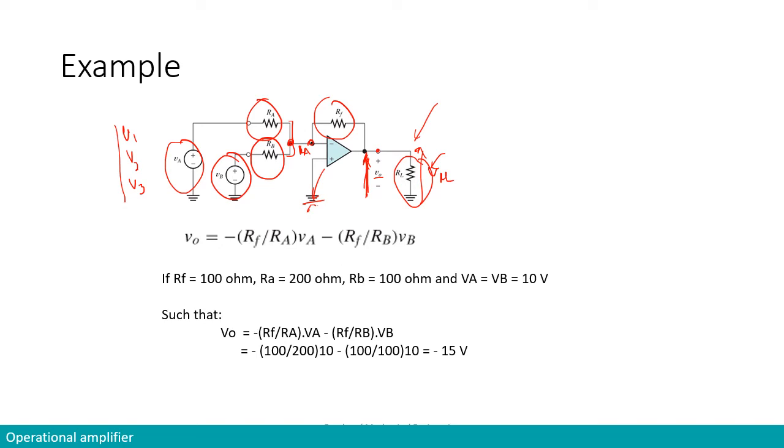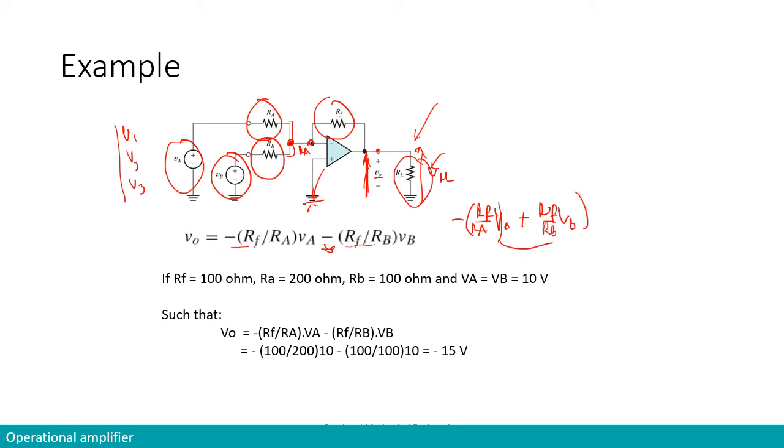So here it's written in another form. It might look like a subtraction, but if we factorize everything, we can put the minus as a factor, and we have the same thing as the previous one: minus RF over RA VA plus RF over RB VB.